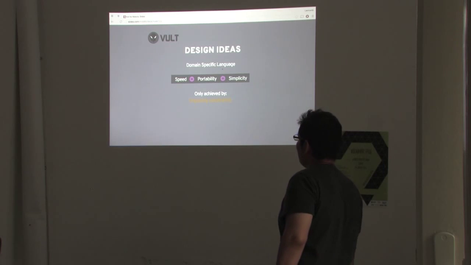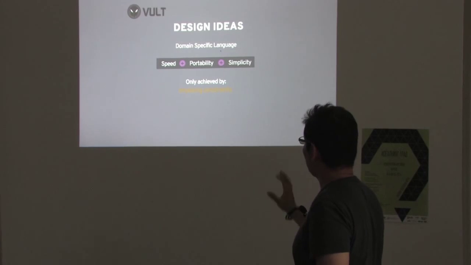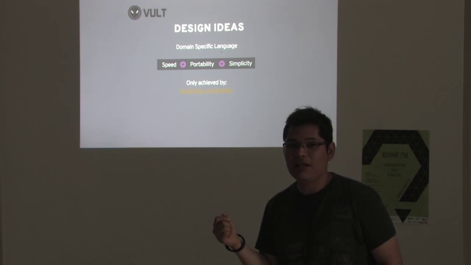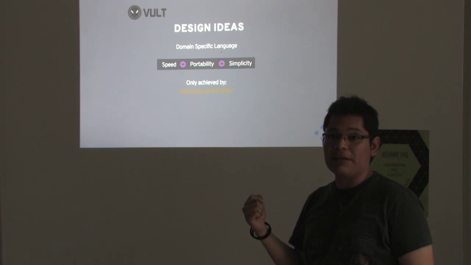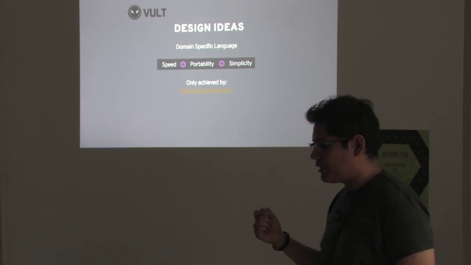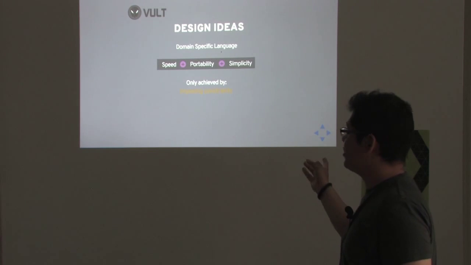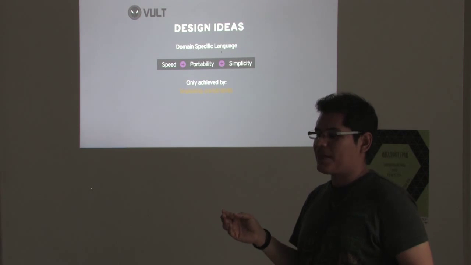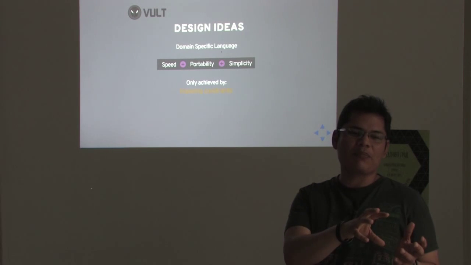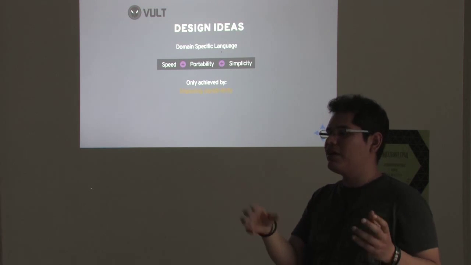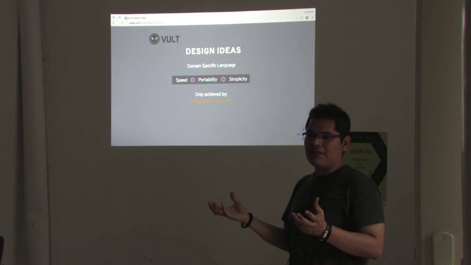So the key ideas that I have for this language, which is called Vult, were that I wanted to be able to implement algorithms with very high performance. So it should be really fast, and it should also be portable, because if you design an algorithm for one platform, maybe you want to reuse it, and if you have to change it for a different language or use a different framework, that's just time consuming.